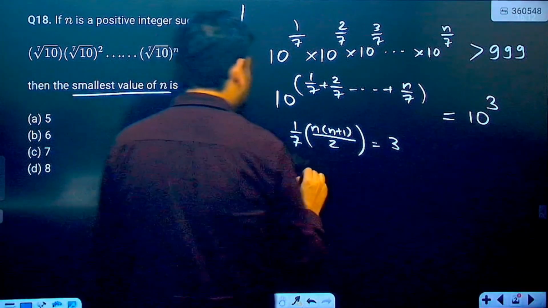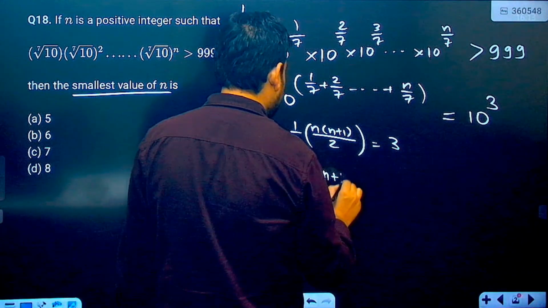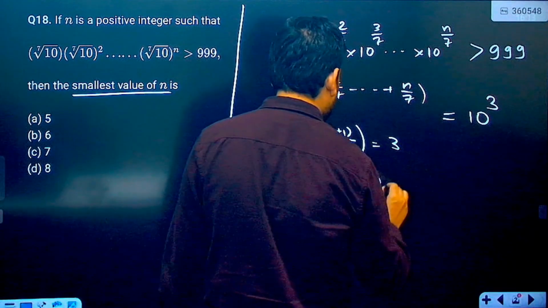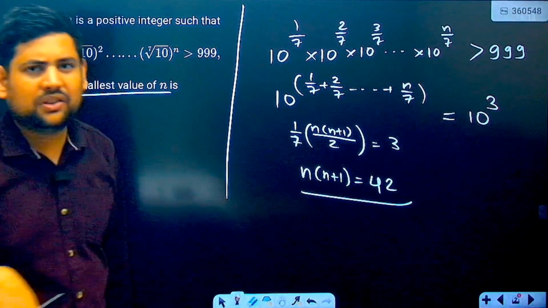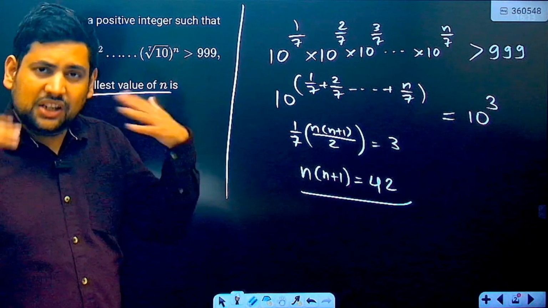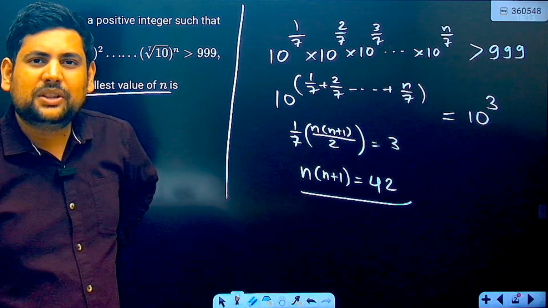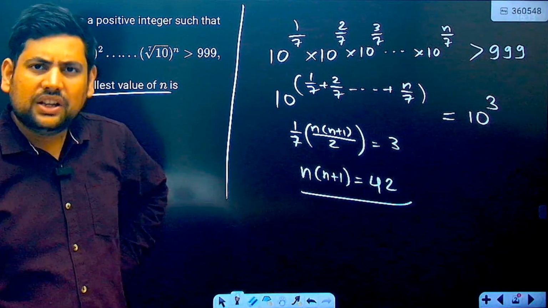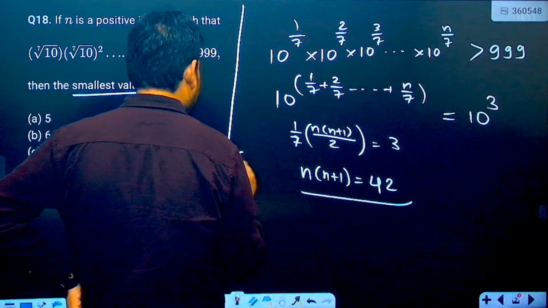So now what you get is n into n plus 1 is equal to 7 2s are 14, 14 3s are 42. Now don't start solving the quadratic. Okay, n into n plus 1 is equal to 42. Can you think of any number? 42, what are the multiples? 21 into 2, no, not satisfying. Consecutive numbers I want. Isn't 6 7s are 42?